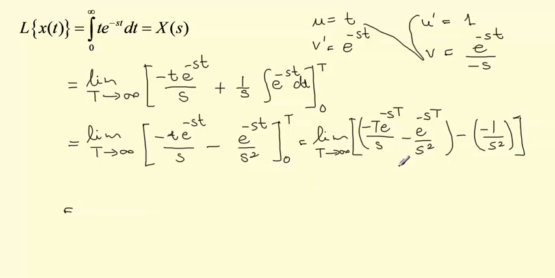Now simplifying that, we can see that these are exponential decays, which will all go to 0. So we're left with minus 1 over s squared, which does not depend on t. So our limit ends up as 1 over s squared.